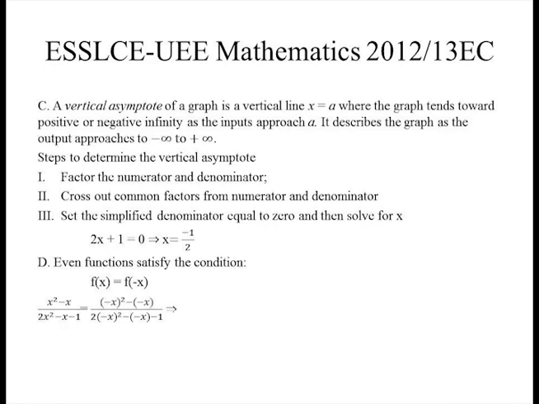This implies x squared minus x divided by 2x squared minus x minus 1 is equal to negative x squared is x squared, minus negative x means plus x, divided by 2 times negative x squared is x squared, 2 times x squared is 2x squared, minus negative x is plus x minus 1.